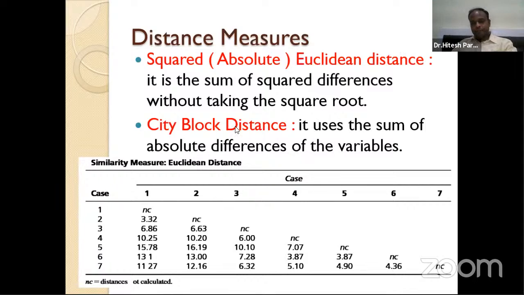If you select city block distance, the result will be different. So depending upon which method you are selecting, it will give you different clustering solutions. Then the final judgment will be yours, whichever type of distance you wish to go by.